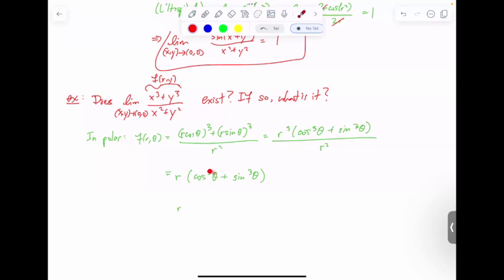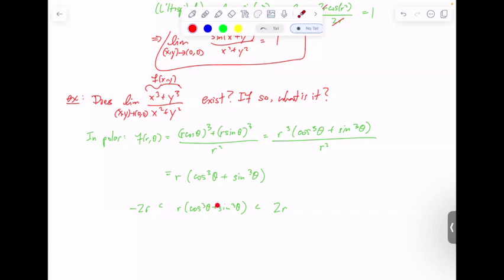Cosine is always between -1 and 1, and sine is also between -1 and 1. So you have the following bound: this is something like 2r and minus 2r. They could never be 1 at the same time, so it's actually a slightly tighter bound, but that's a subtlety. You're always trapped between 1 plus 1 and -1 minus 1.